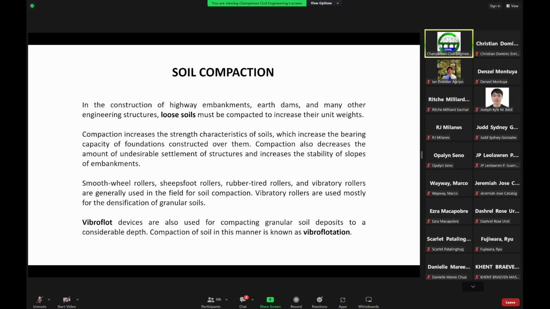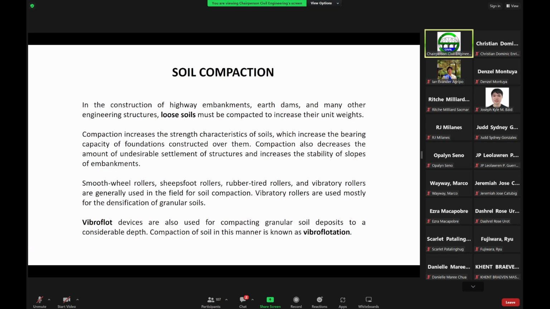But in critical structures, such as the Cebu Cordova Bridge project, we also construct deep foundations, such as bored piles or driven piles, for example.